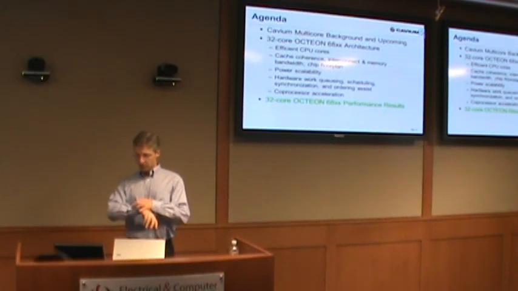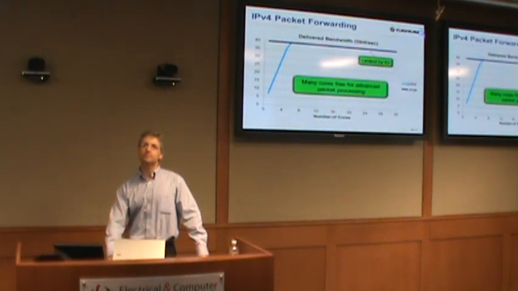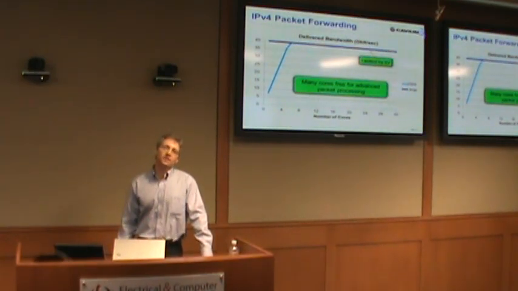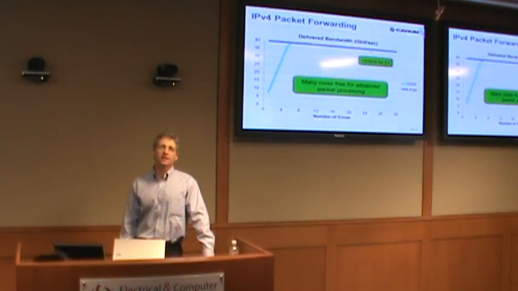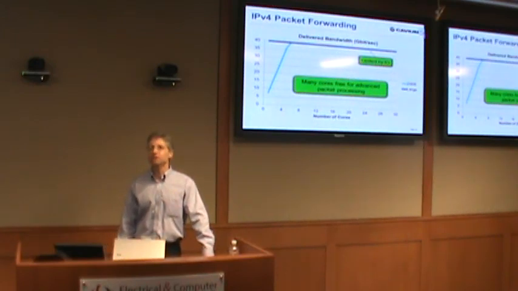So we're now on to some performance results. A simple application for Octeon is what we call IPv4 packet forwarding. You receive an IPv4 packet, you do a lookup to figure out what to do with the packet, and you send it out.